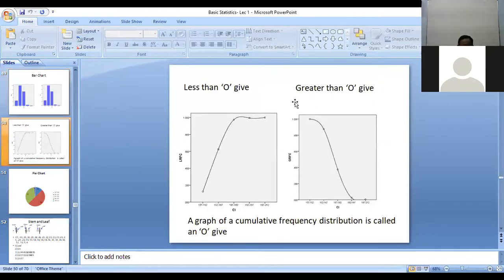Then we have seen ogives. That is mainly to talk about less than ogives and greater than ogives. These two ogives are based on the less than and greater than frequency table calculations.